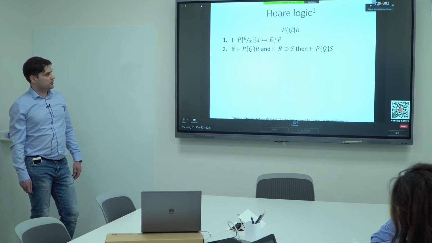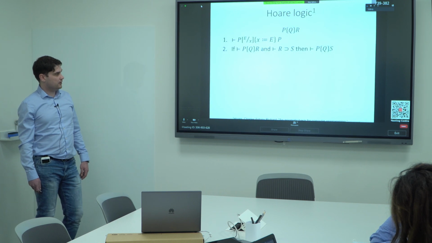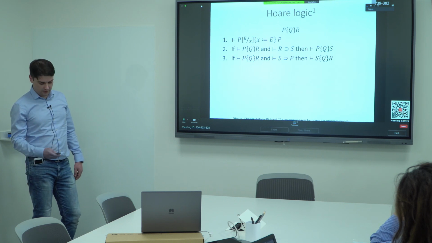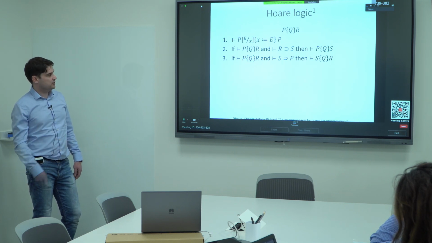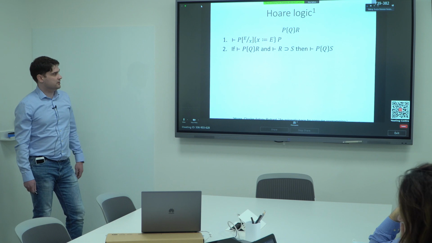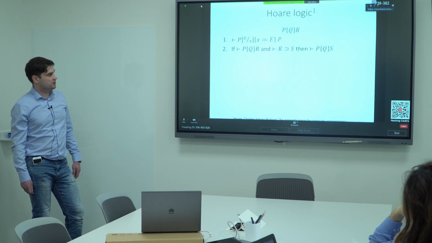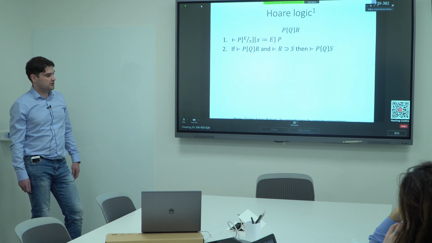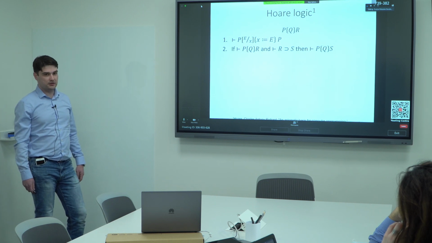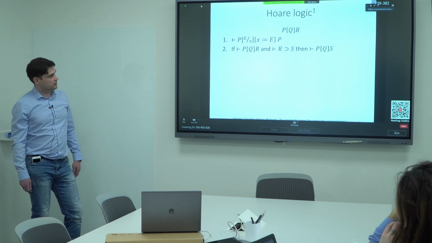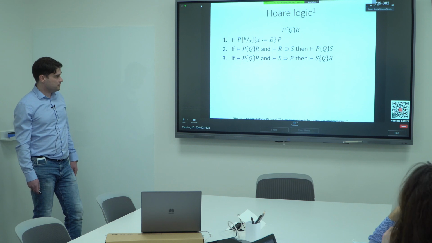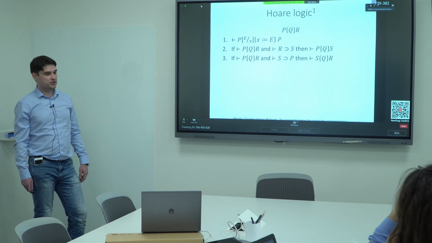Then we have some more complicated axioms. For example, two of them are very similar. The second one is called postcondition strengthening. It says that if a postcondition R is stronger than some statement S, then we can replace R with S, and the initial theorem will still be derivable. It will hold. The third axiom is called precondition weakening.